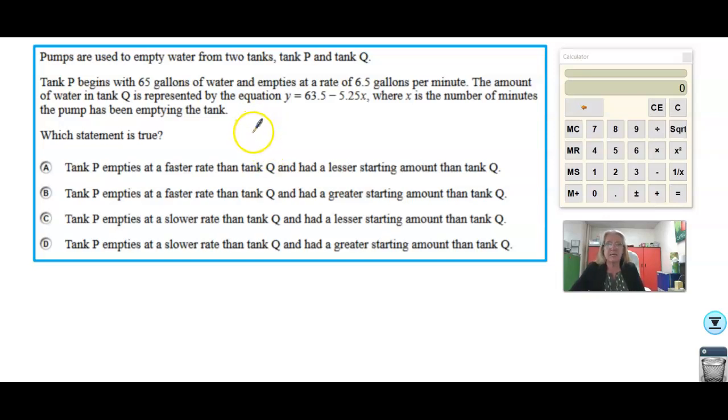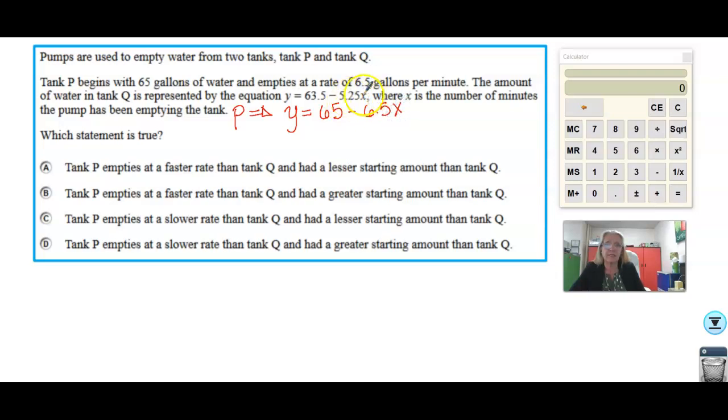All right, we have tank P and tank Q. Tank P begins with 65 gallons of water and empties at a rate of 6.5 gallons per minute. So the equation representing tank P would be similar to tank Q here, except our starting point is 65 gallons and it's emptying at a rate of 6.5 gallons per minute.